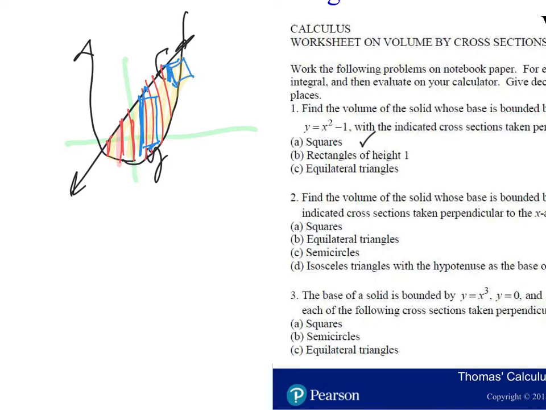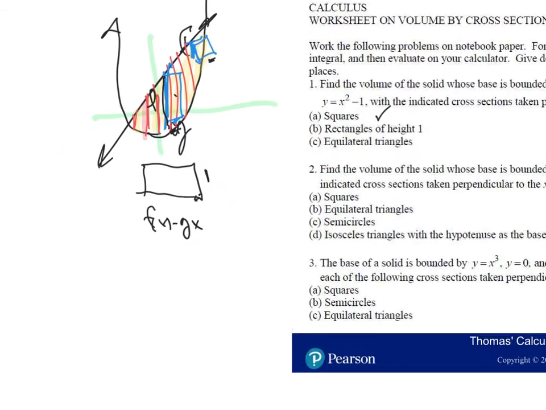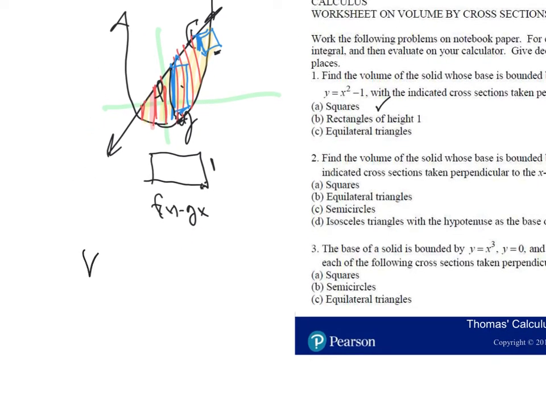For both of those, the height was 1. But this time, the difference between f and g is the length of that rectangle. So every rectangle has f of x minus g of x as that length, but the height standing straight up will be a 1.